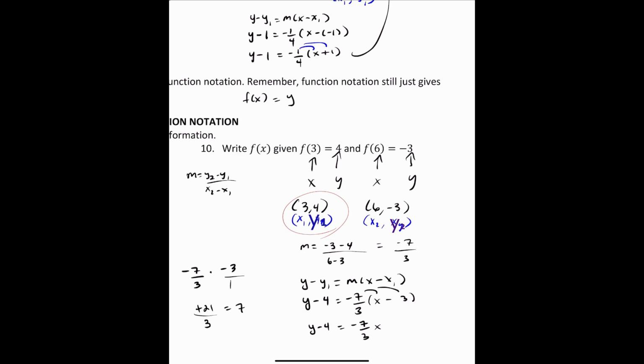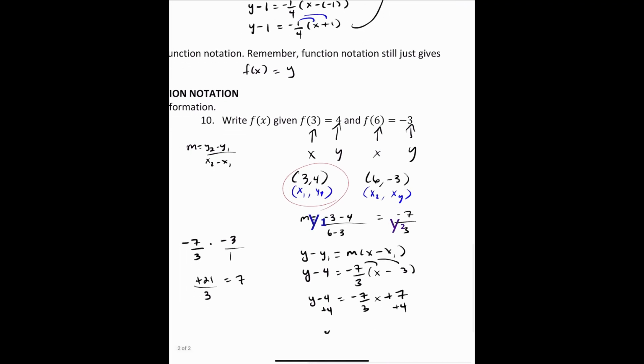This is probably a good opportunity to tell you that since we're not adding or subtracting fractions, we are multiplying fractions here. When we multiply fractions, we actually multiply straight across. All right? So negative 7 over 3 times negative 3 is positive 7. So now I can go ahead and add 4 to both sides. So y equals negative 7 over 3x plus 11.